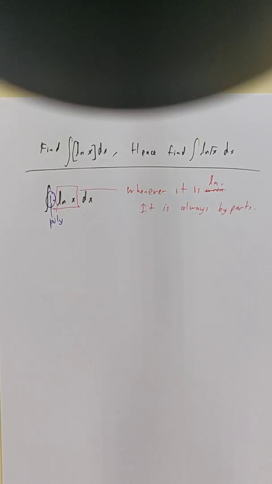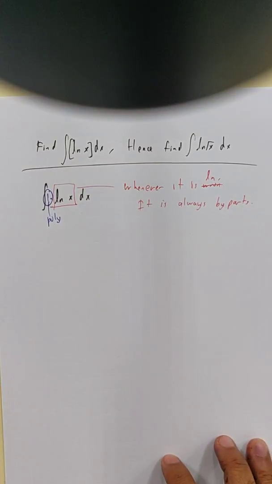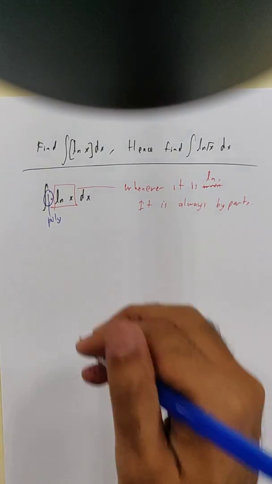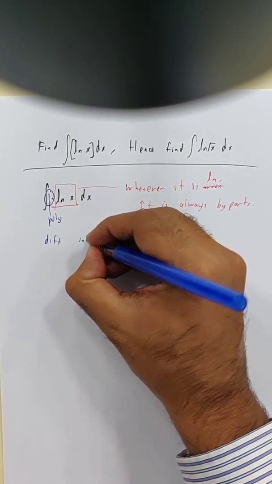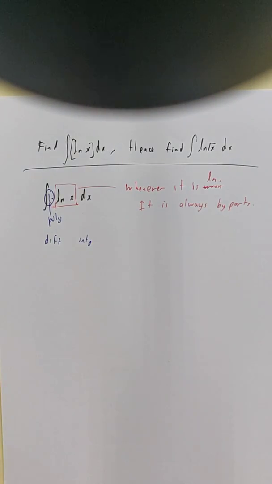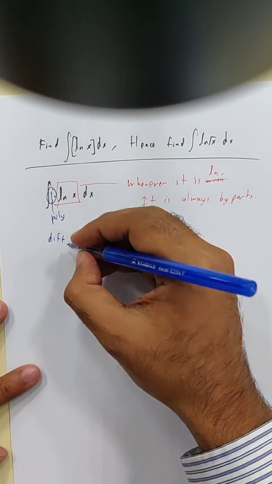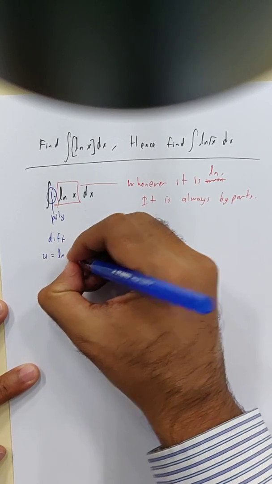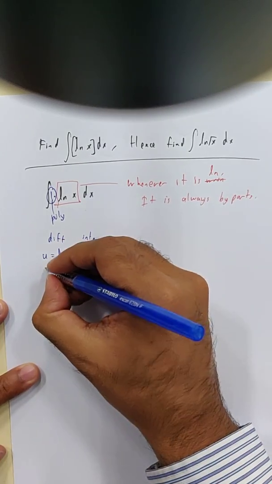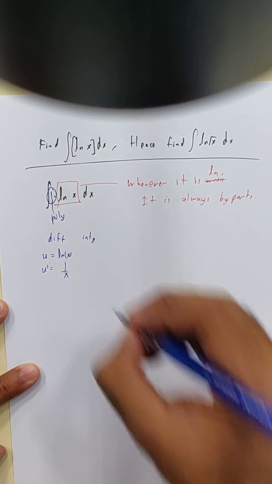Poly wants some crackers. So here, we are differentiating and we are integrating. We are differentiating what? We are differentiating ln, so 1 over x.